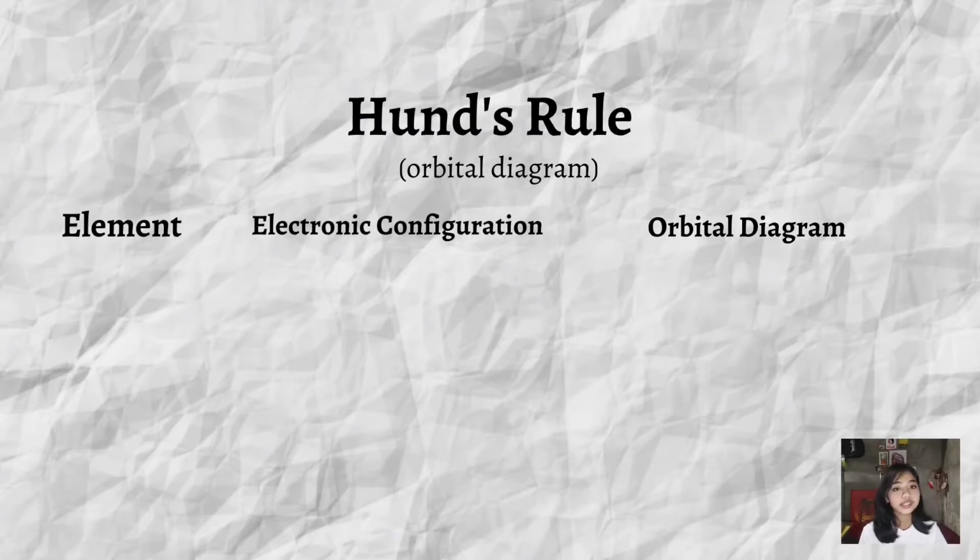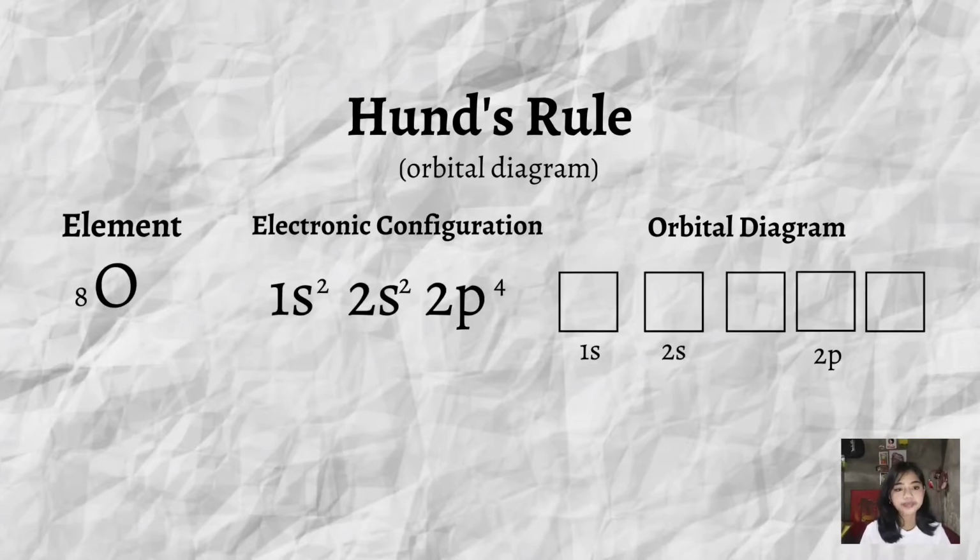Hund's rule: electrons are filled in one at a time before pairing. Let us consider the oxygen atom. So 1s can accommodate 2 electrons, in which the first electron should be placed in an upward direction and the second in a downward direction. So 2s can also accommodate 2 electrons, in which the first electron should be placed in an upward direction and the second in a downward direction.